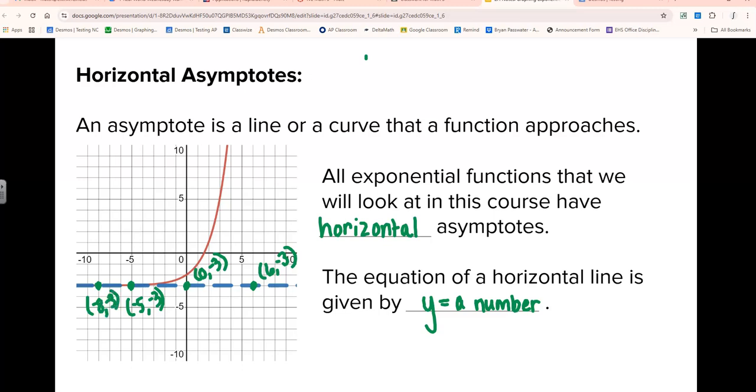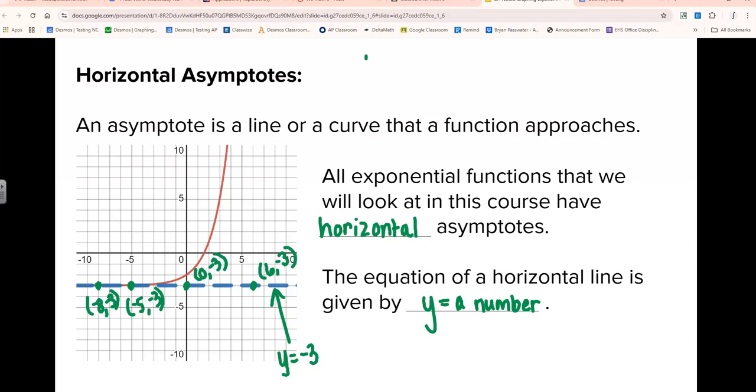What's the same about all the points on that line? The -3, the y coordinate, right? So if I want to do the equation of this line, this is y equals -3. All the points on that line have the same y coordinate. Okay?